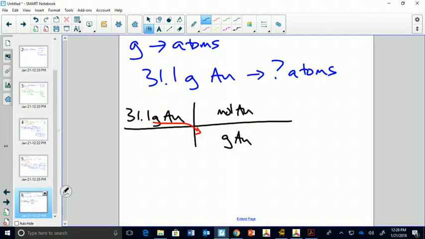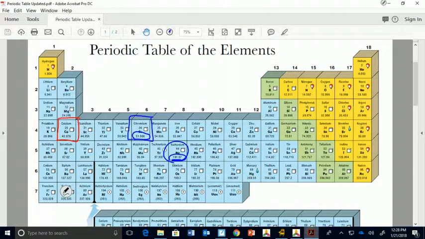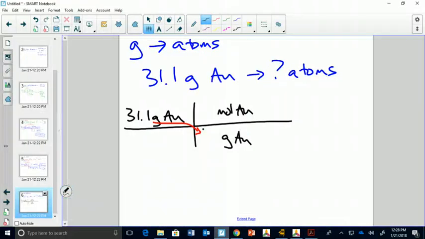I have to go to moles first. How do I know how many grams of gold are in 1 mole of gold? I come here and I look at the PT, and it says 196.967. 196.967 grams in 1 mole. So that cancels out my grams of gold and gives me moles of gold.